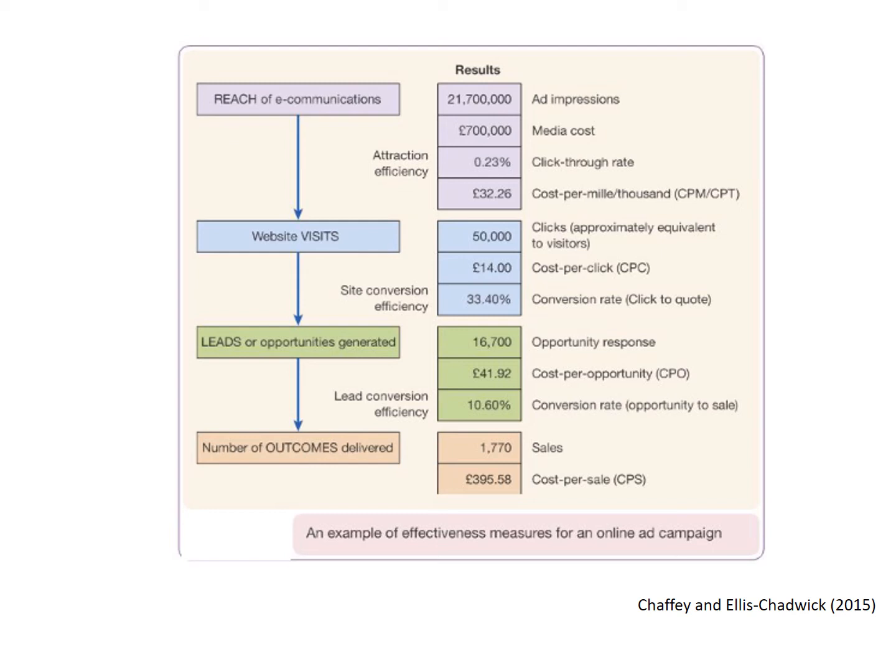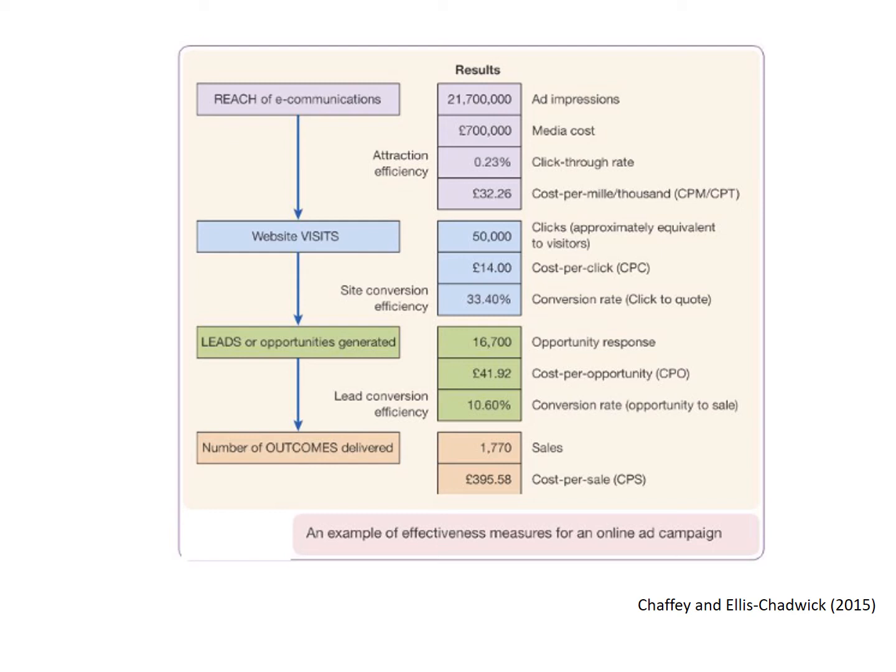Because once you've worked out the number of thousand impacts, and the number from those thousand impacts that will lead to a sale, you can then work out the cost per thousand impacts. And if you can work out the cost per thousand impacts, then ultimately you can work out the cost per sale.